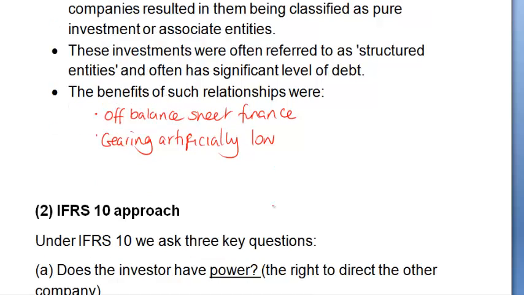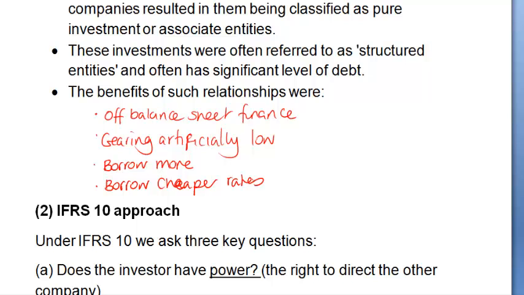We seem to have far less debt, and the benefits of having low gearing is that you can borrow more and you can borrow at cheaper rates. So you've got a cash saving and you've got greater debt capacity, both of which are very useful to companies.